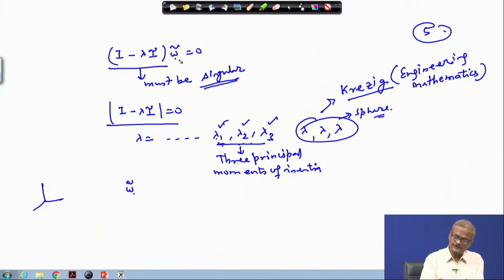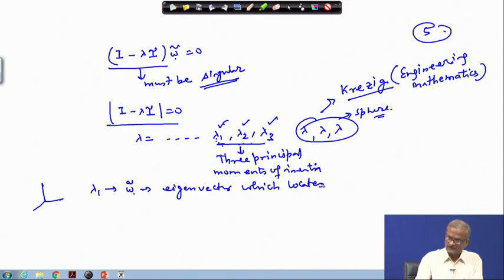Okay. So, corresponding to this lambda 1, the omega tilde that you get is the eigenvector which locates the first principal moment of inertia direction.